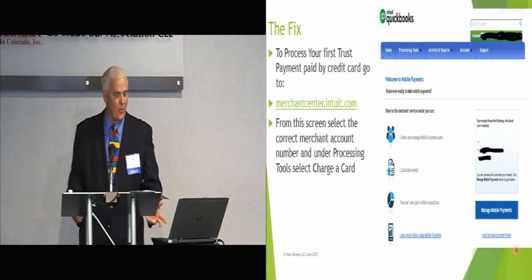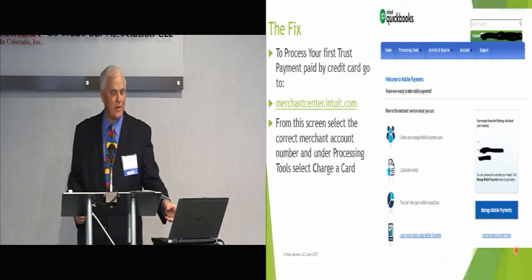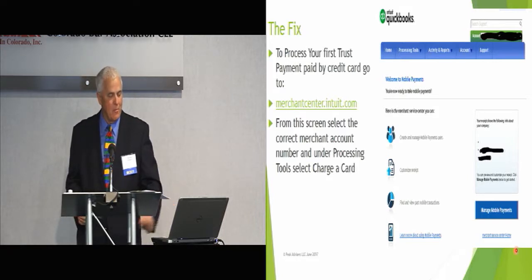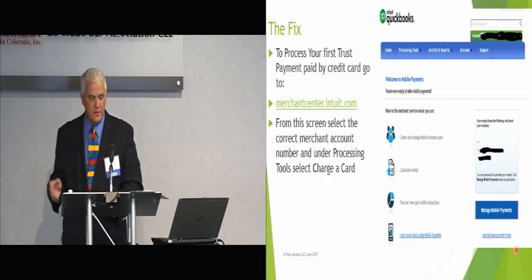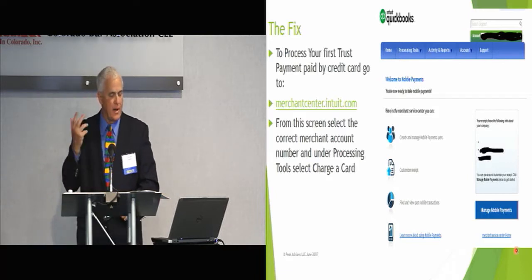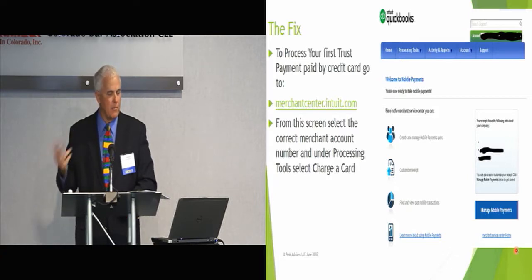Sorry, there's no way at this time to automate this, to make it quicker than that. But this is what the endpoint of this home office, this second account is. It is a browser-based processing of credit cards, whereas the invoice amounts, your operating account credit cards are processed within QuickBooks.